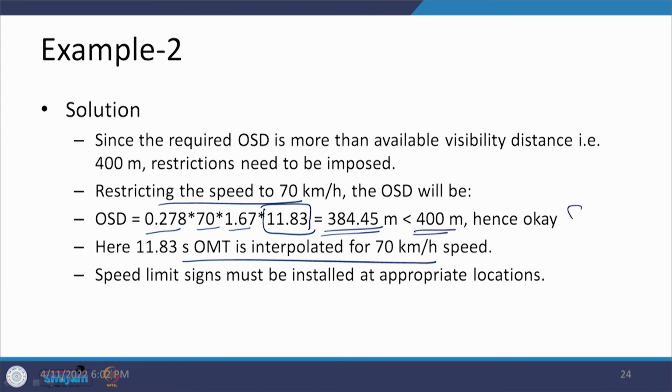It means safety is now ensured. So, we have to go with the speed limit of 70 kilometers per hour, which needs to be conveyed by providing speed limit signs.